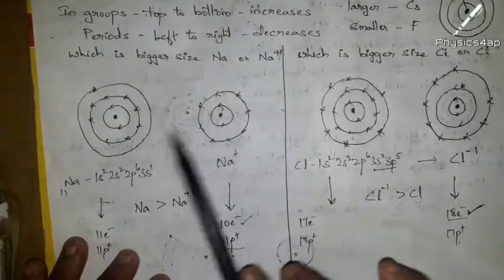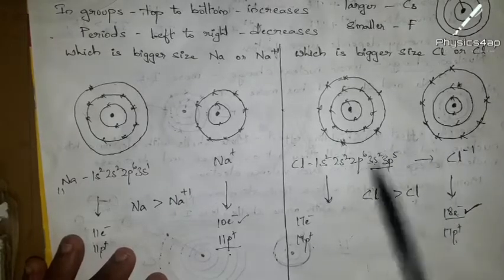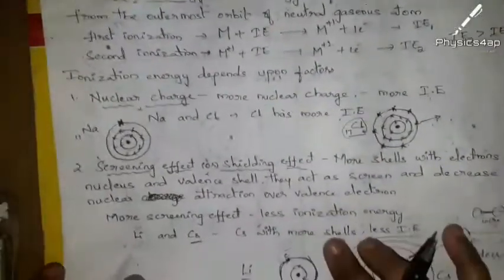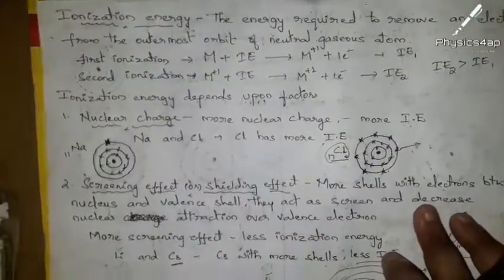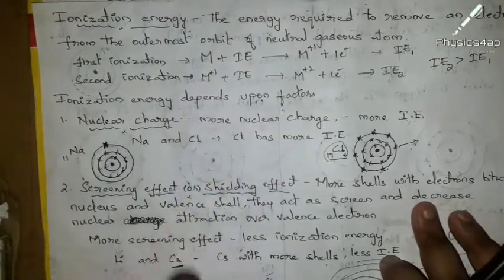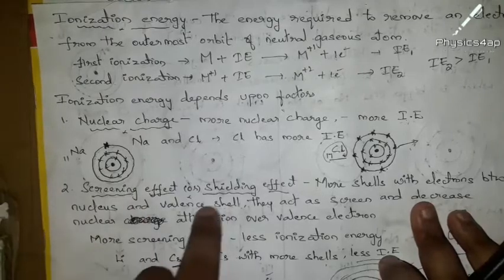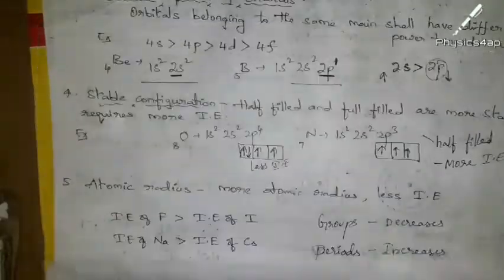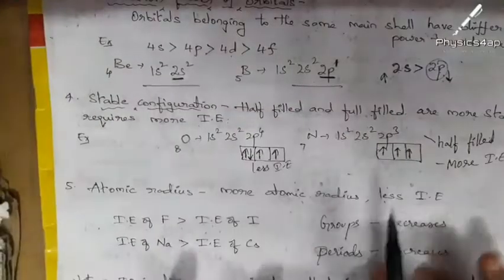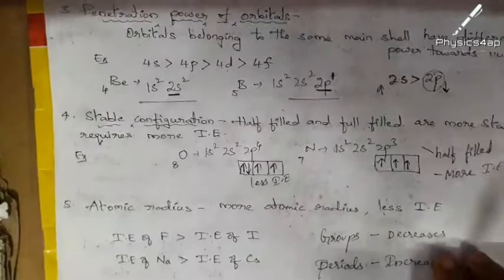In this, the ionization energy factors, which are the most important, are the nuclear charge and the screening effect or shielding effect. Next is the penetration power, then stable electronic configuration and atomic radius, and next are electron affinity and the electronegativity nature. So this is what we have discussed till now.